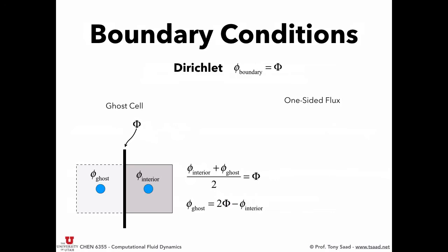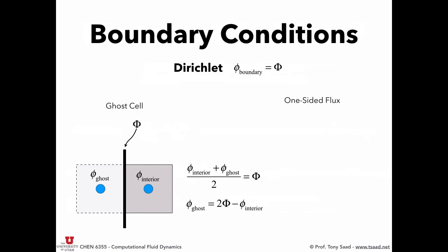So mathematically, this says the average of phi interior and phi ghost is equal to the specified value. So that allows us then to set a value in phi ghost such that up to second order, we reproduce the correct value at the boundary.